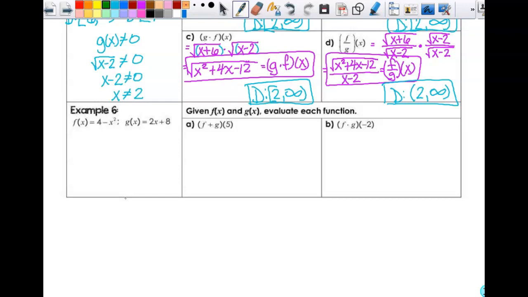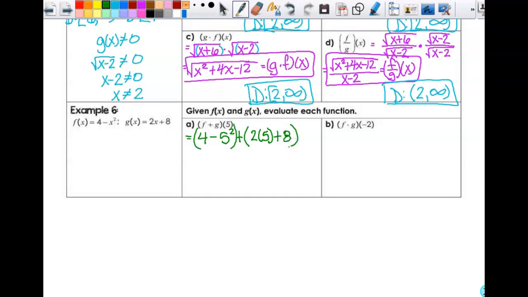Alrighty. So we're going to evaluate now. So I don't want f plus g of x, I want f plus g of 5. So when I write these down like I'm going to add them, I can go ahead and substitute 5 in for x. So my f of 5 would be 4 minus 5 squared plus g of x, which is 2 times 5 plus 8.